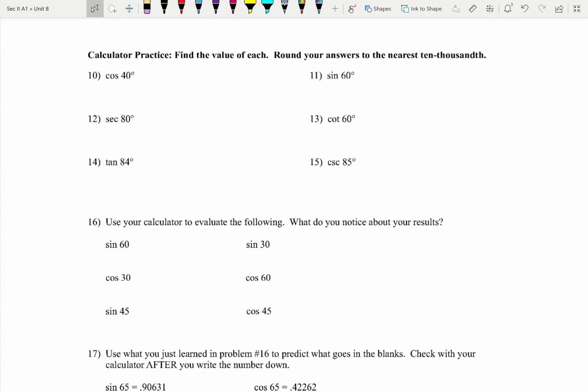If you have a scientific calculator at home, you're looking for this button right here. This is sine, and then another button that says cosine, and another that says tangent. Those are going to be your three go-to buttons. Now, if you don't have a scientific calculator at home, I'm going to switch us over to Desmos and show you how to type it in.